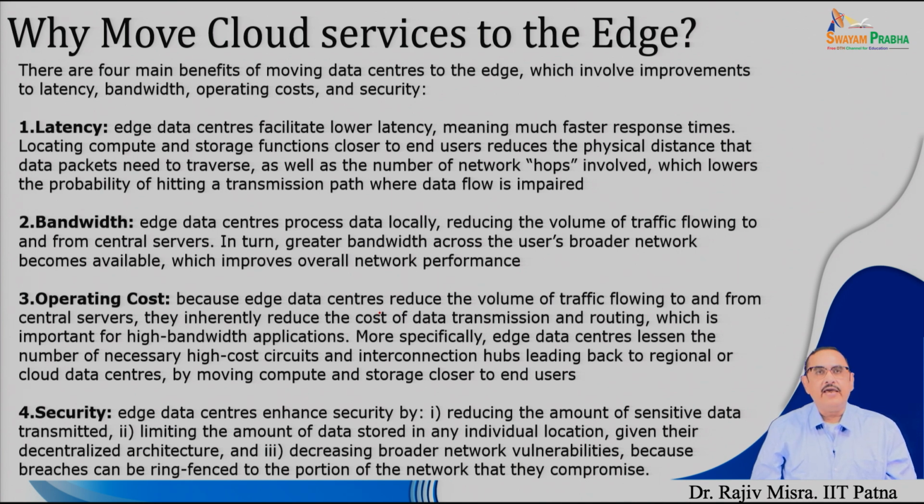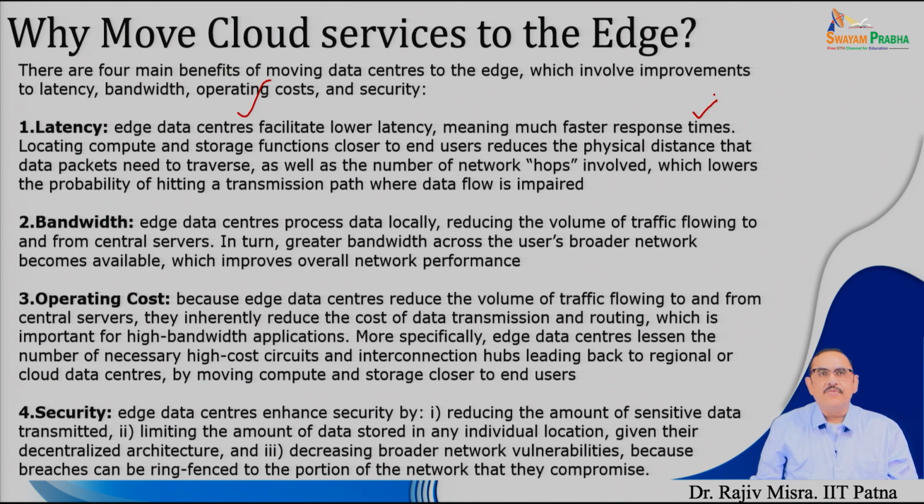Another question is why move the cloud services to the edge. There are 4 main benefits of moving the data center, that is the cloud data center, to the edge, which involves improvement to 4 factors called latency, bandwidth, operating cost and security. Latency: the edge data center facilitates lower latency, meaning a much faster response time will be achieved.